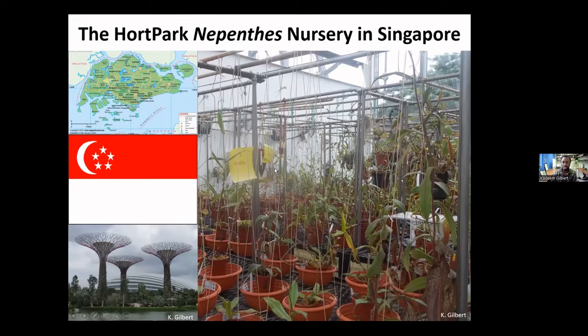So while these plants were being grown for horticultural purposes, it turns out a lot of features of the setup were really great for a research question that I came in to propose that we look at. These plants are in a common garden, as I said. They're all around the same age, grown clonally.